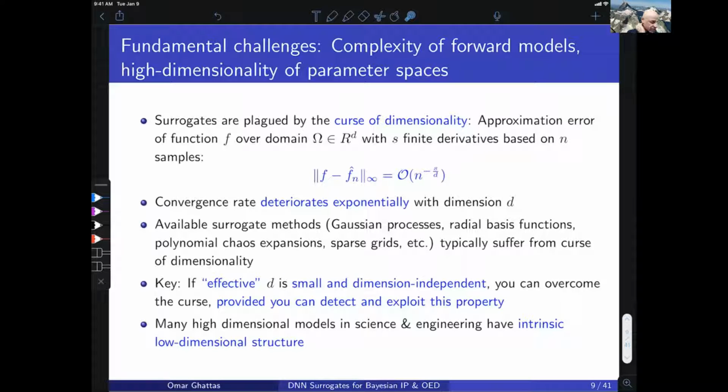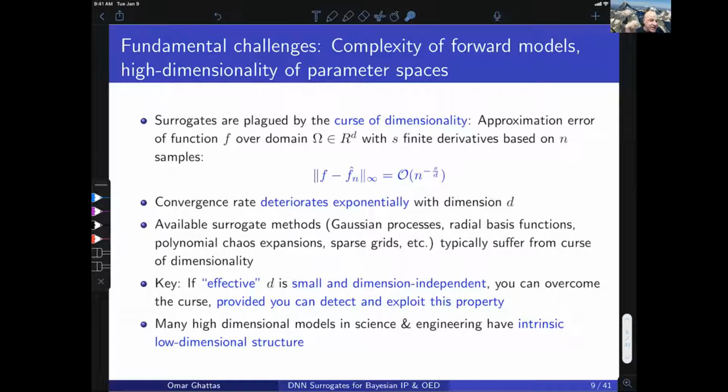And the key thing that one does in all these cases is to recognize that d itself is not the ambient dimension, the apparent dimension, but if we could exploit some sort of effective dimension, so smaller d, and if we can assure that it is dimension independent, or in the cases where we can't prove it, at least like the ones that I showed you, numerically, we can observe decay of, let's say, eigenvalues of the Jacobian of the parameter to observable map, the singular values of the parameter to observable map.